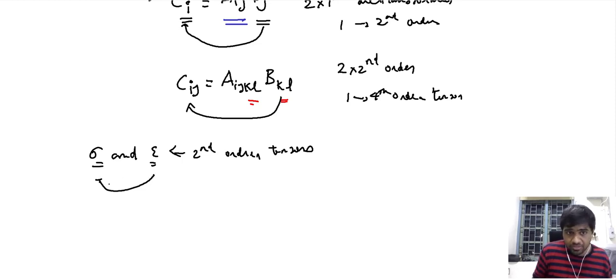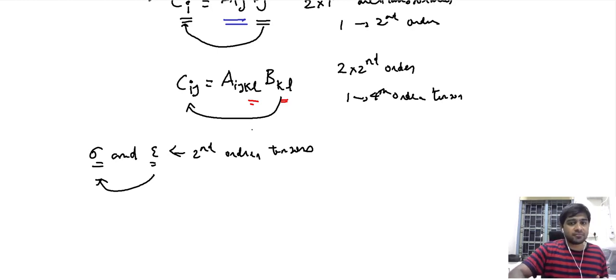When you want to reach the stress from strain, what essentially we need to do is map the corresponding values of stress in the strain space, or the strain in the stress space. Both can be done. That is possible when we are able to do such an operation. So when we are trying to transform the strain to the stress, it needs to be multiplied by a fourth order tensor. And from Hooke's law, you can guess what would be the quantities that need to be expressed as a fourth order tensor.